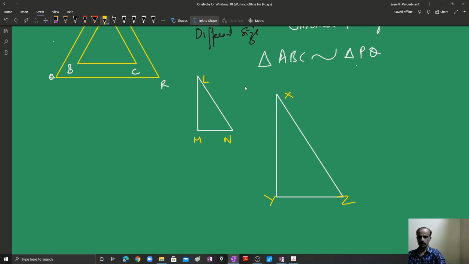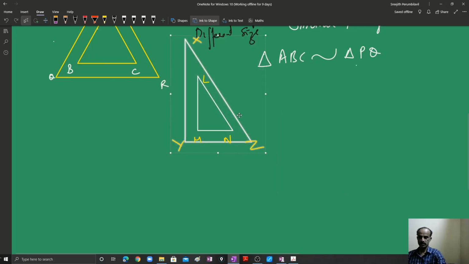What happens? We can superimpose this on the other. They have the same shape, right? So these two triangles are similar. That means we can say triangle XYZ is similar to triangle LMN, or I can say the reverse order, triangle LMN is similar to triangle XYZ.